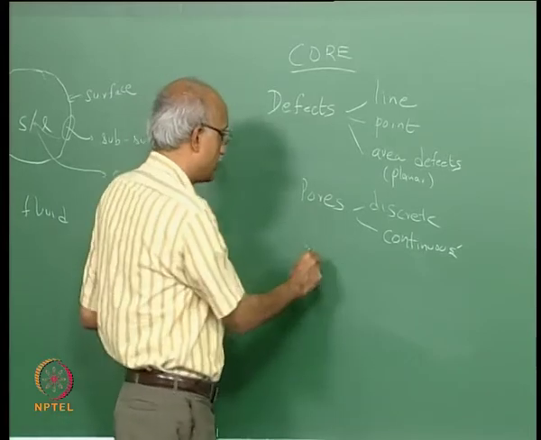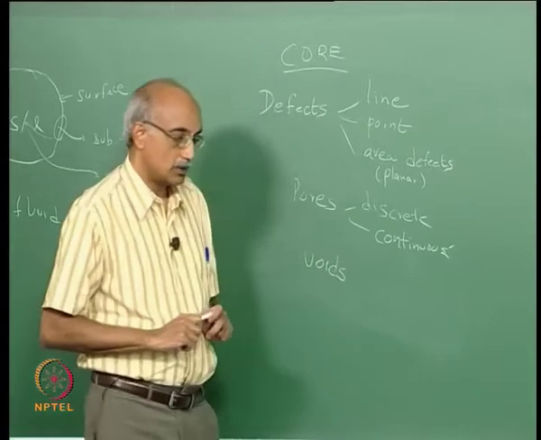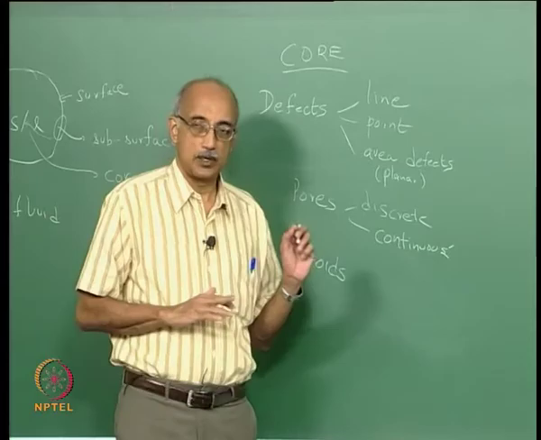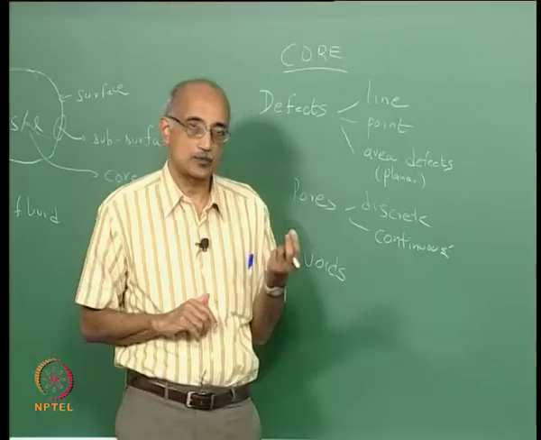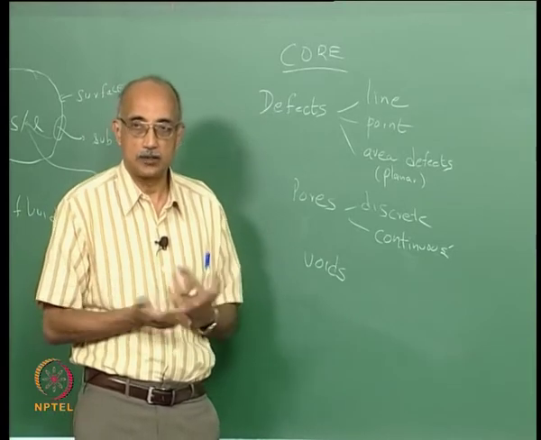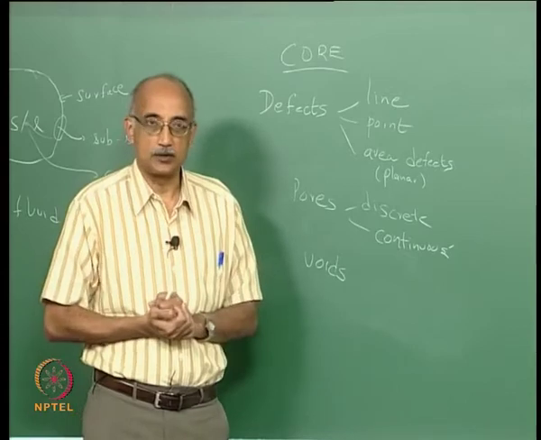Now another type of defect is voids. Now a void happens kind of for the reverse reason that a porosity happens. Porosity happens because you have some trapped gas which is not completely vented when you do the casting process, so it prevents complete closure of the material.